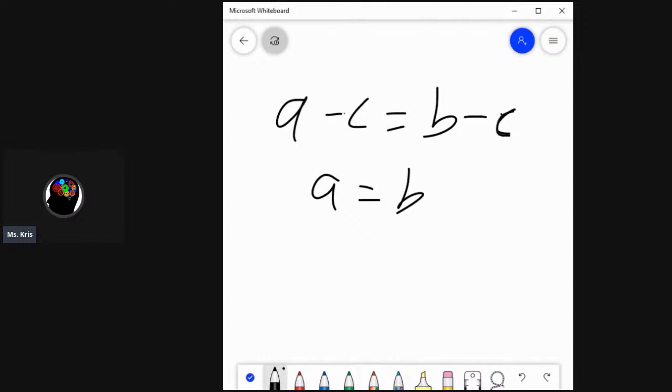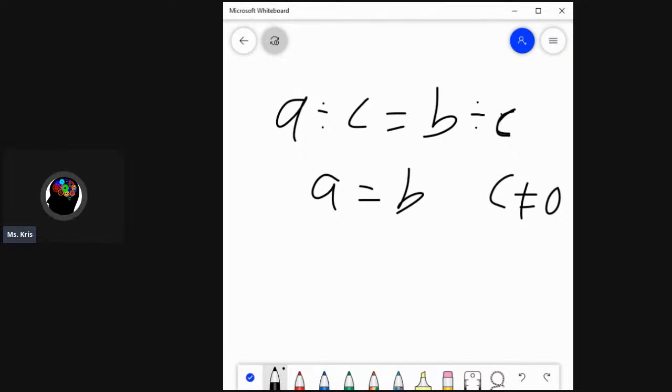If A is minus C and B is minus C, therefore A equals B. If A is being multiplied by C and B is being multiplied by C, then A equals B. If A is divided by C and B is divided by C, where C does not equal 0, because of course if C equals 0, the answer is undefined.